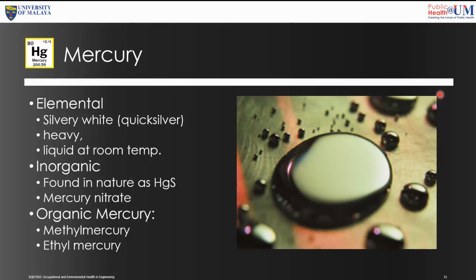Okay, in a water treatment plant, what type of chlorine do they use? You mean in what form? Like powder form? No, powder form is not used.